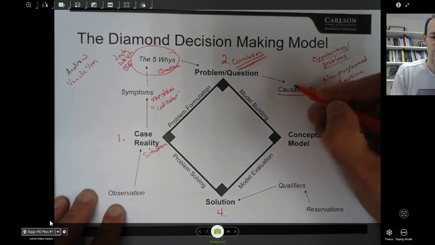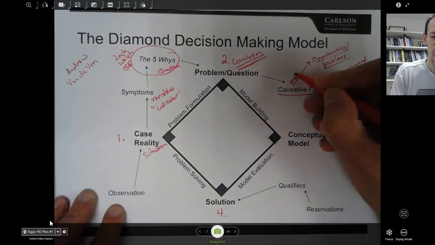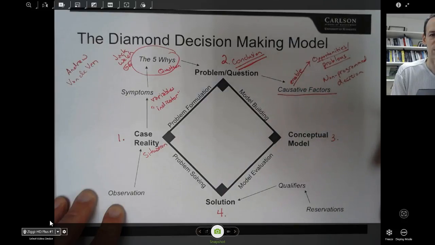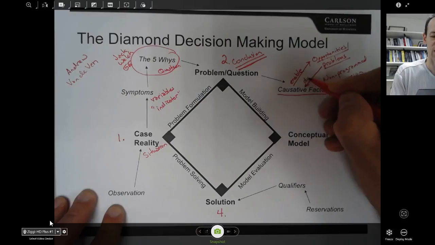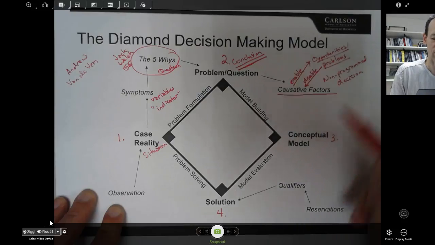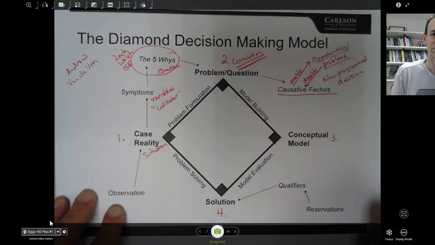In the case of an opportunity, the causative factors are ones we would want to put in place that would enable that opportunity. In terms of the problem, the causative factors are already there that enable the problem condition to exist, and so what we would want to do in the case of the problem is disable those causative factors through our solution.